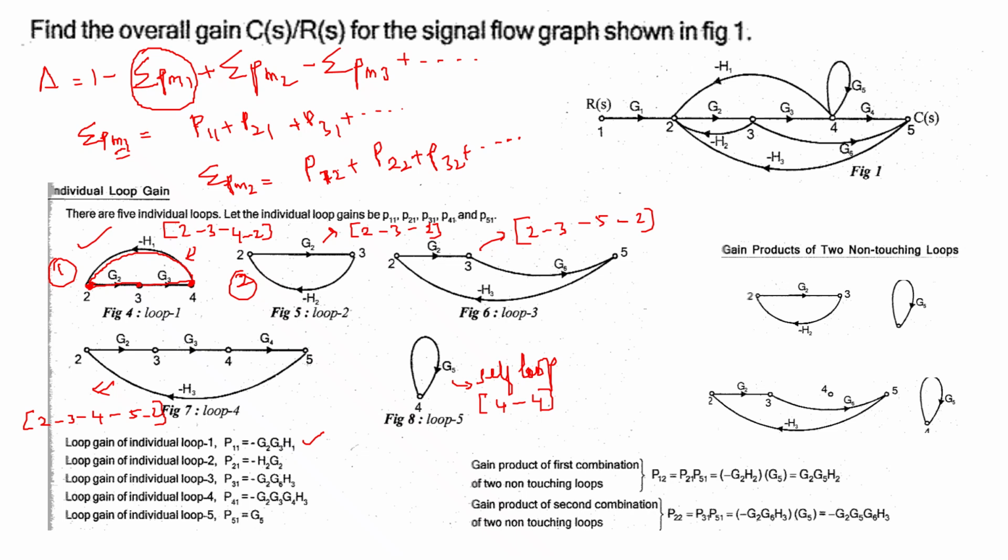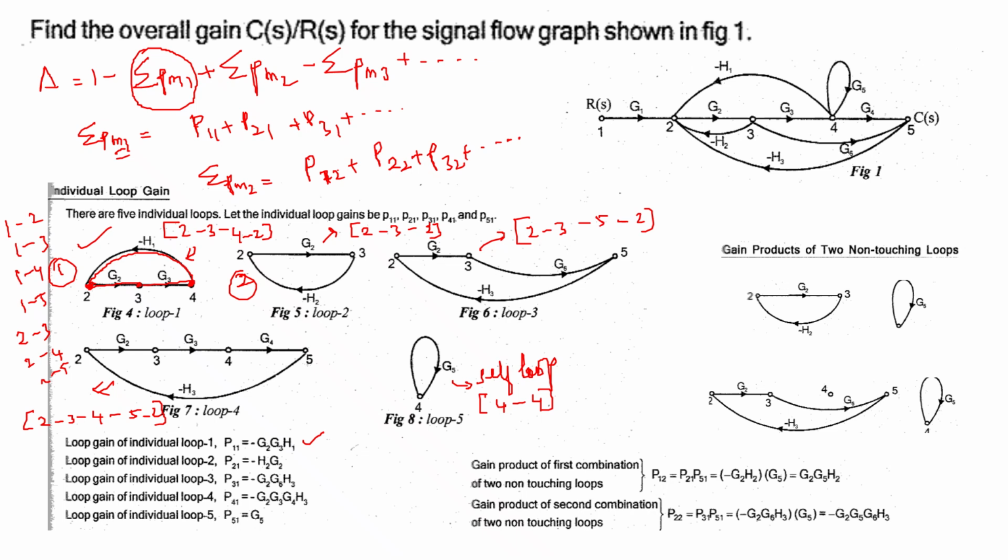Here 2 and 3 are common nodes, so they are touching loops, not non-touching loops. Similarly, we compare 1 with 2, 1 with 3, 1 with 4, 1 with 5, then 2 with 3, 2 with 4, 2 with 5. This comparison goes on.